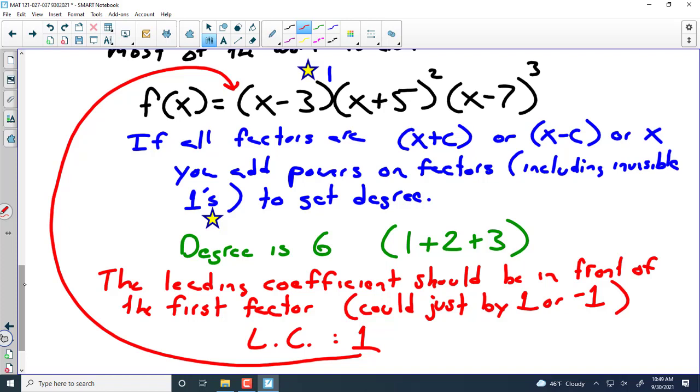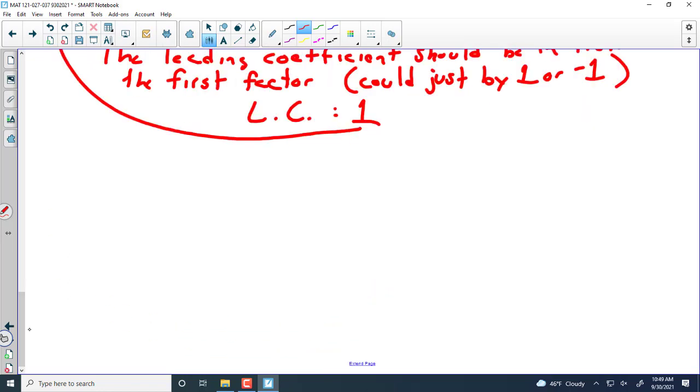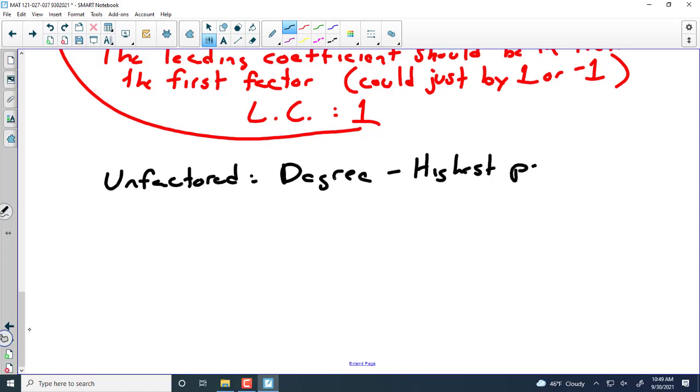So how does this mess people up? The big way I see this messing people up is they forget, is this a situation where I'm supposed to add them, or is this a situation where I'm supposed to look at the highest one? So just try to remember, and I know math can be dangerous to fiddle with, but just remember, if it's unfactored, degree should be the highest power.